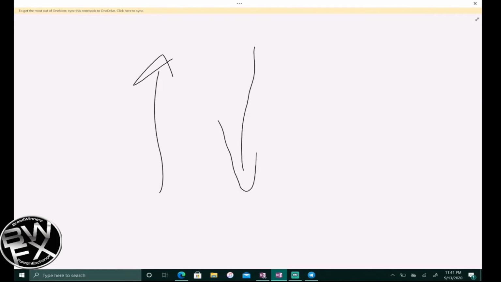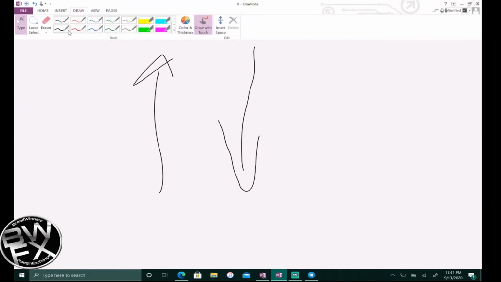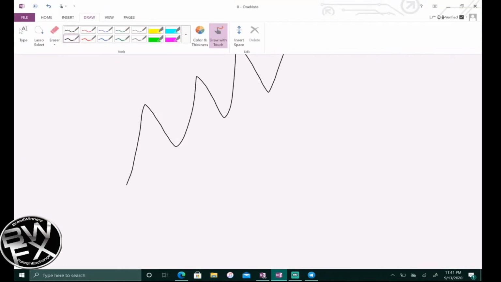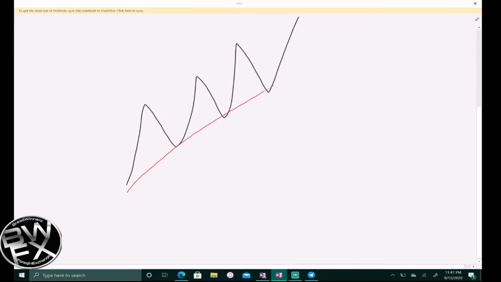The market doesn't go directly up in a straight line like this, which we all know, and it doesn't travel in a straight line like this, which we all know as well. The market moves in levels. Knowing that, we can know that the market moves like this, and we tend to draw our trend line like this at each level, right?